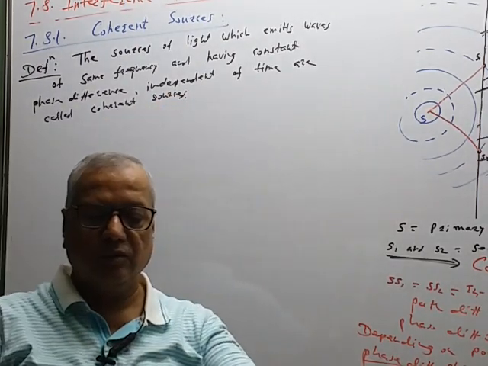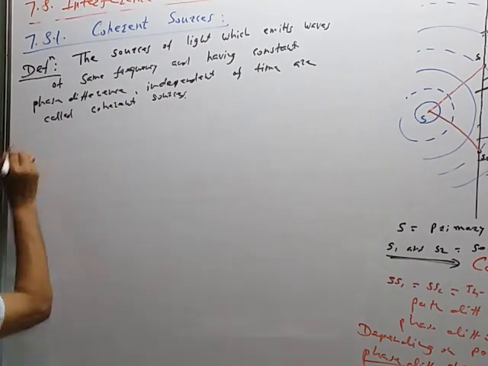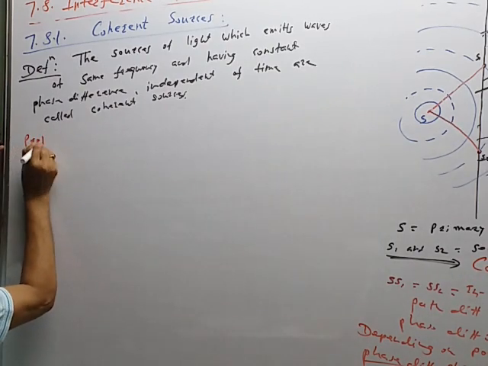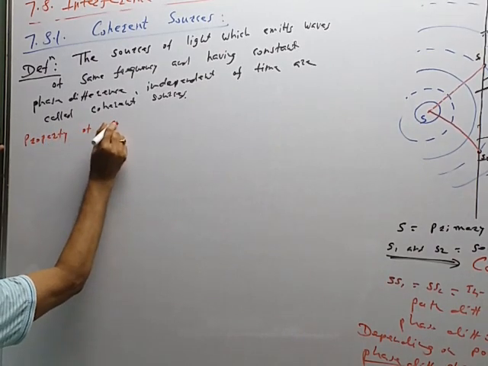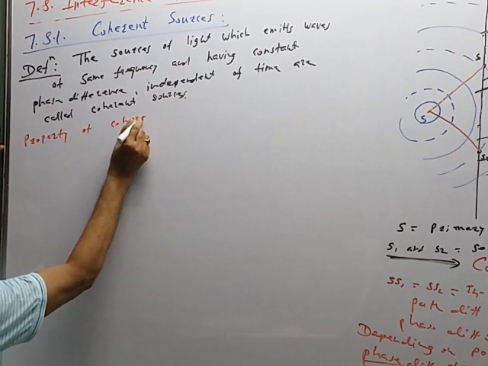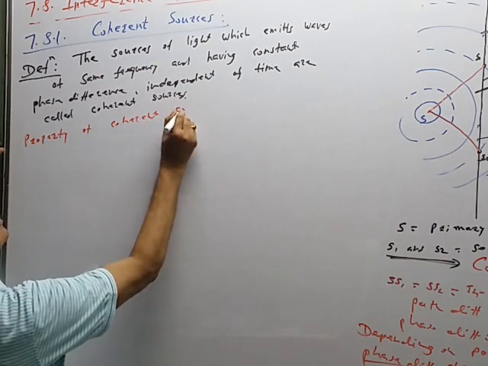This is the definition. What is the property? Characteristics of coherent sources.